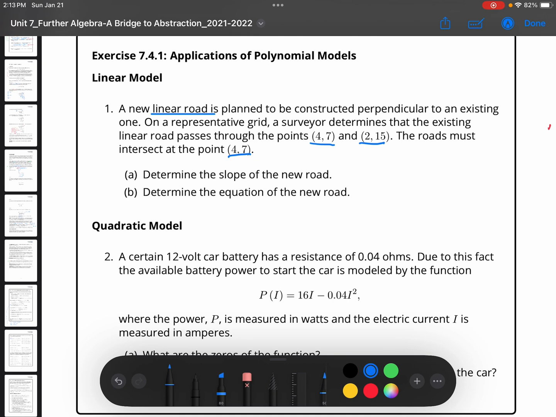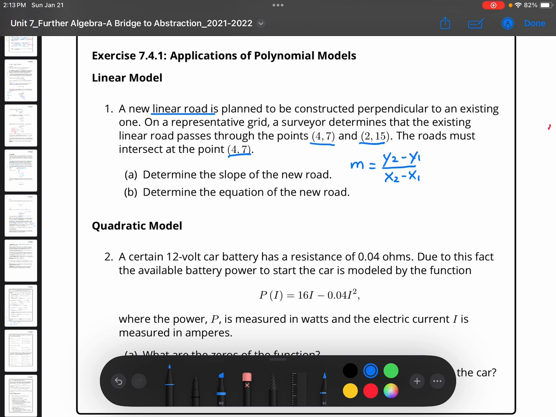So what I can do here is find the slope between 2 points. Remember the slope formula is m equals y sub 2 minus y sub 1 all over x sub 2 minus x sub 1. It doesn't really matter which one you call x2, y2 or x1, y1.